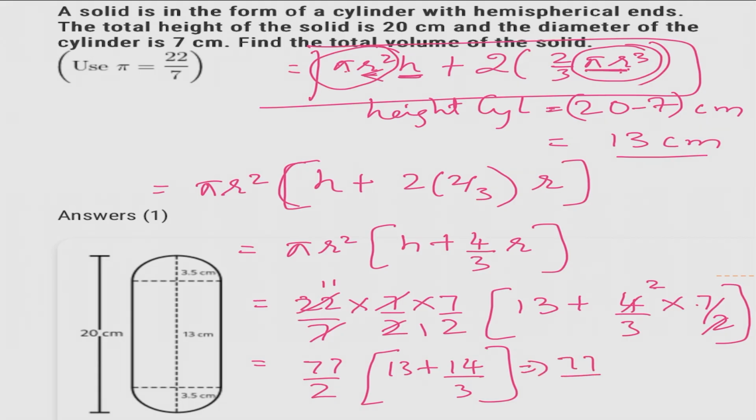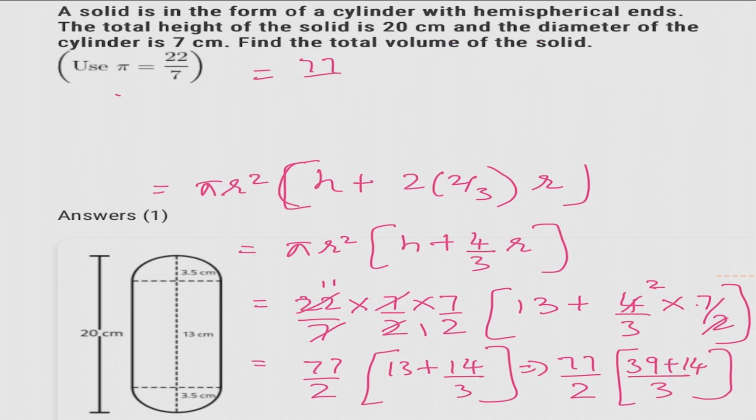On taking LCM, we get that as 77 by 2 into, LCM is 3, 13 threes are 39 plus 14. That is equal to 77 by 2 into 53 by 3.